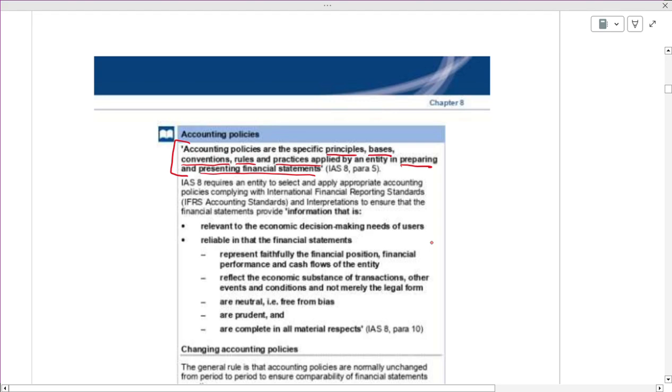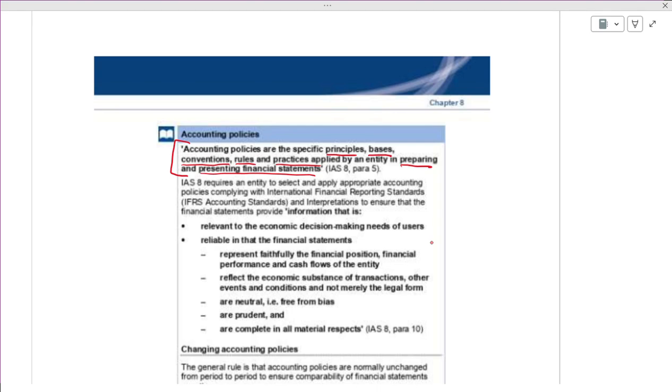When we say we have a policy, it is going to be based on some framework, some guidelines, some rules and practices. We cannot do things as we like.